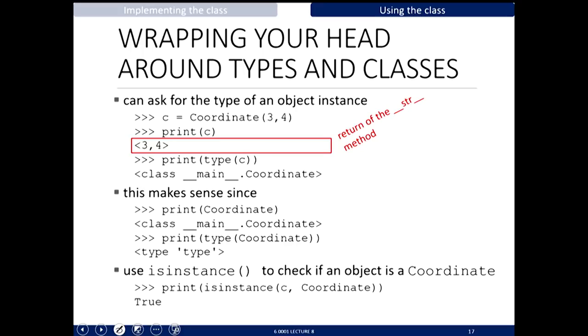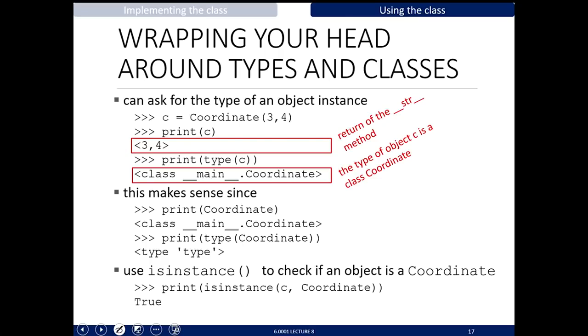If we print the type of c, this is actually going to give us class main coordinate, which tells us that c is an object that is of type class coordinate.